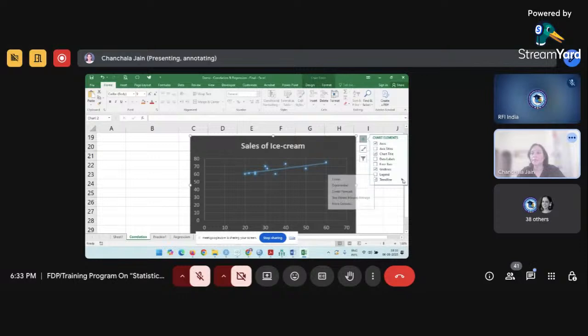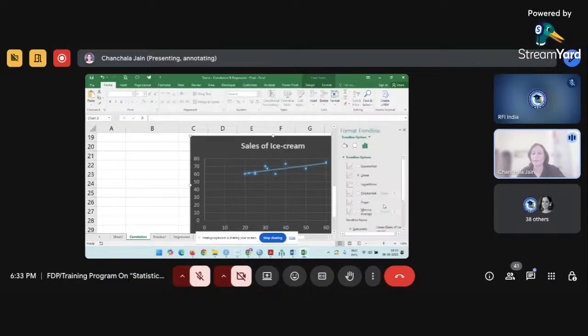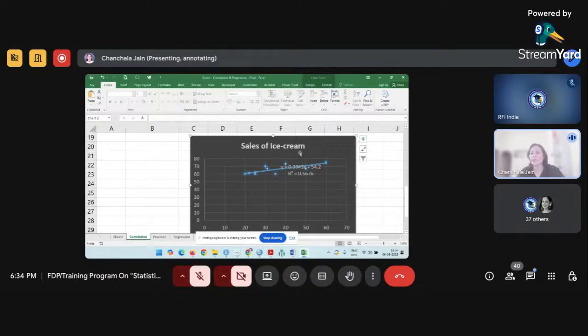Then clicking on the further extended arrow, you can click on more options. And from here, you can click on display equation on chart and display R squared. That way also you can show the regression equation here. Clear?